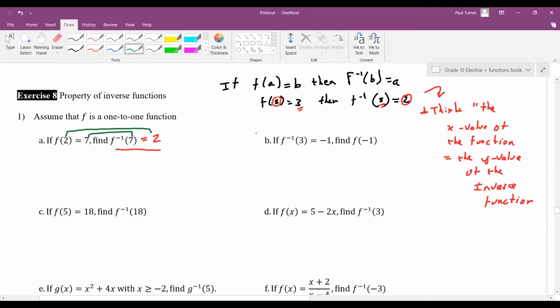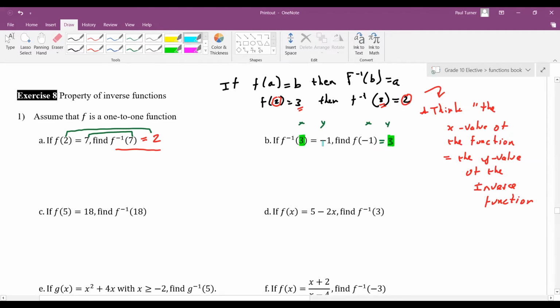Okay. f inverse of 3 is minus 1. f of minus 1 will be 3. Again, just swap: your y value, which is this one, is your x value. Okay, so this is like x and y, and this is like x and y here. So the x value of your inverse is the y value of your function, like that there.